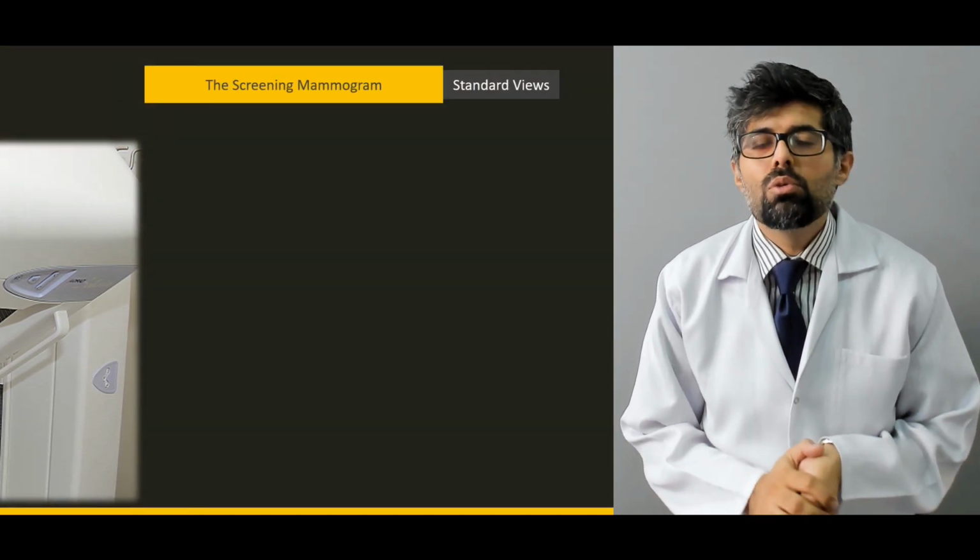Next, we will talk about different projections. As I said, both as a screening tool and as a diagnostic tool, mammograms have projections. Just like chest X-rays had projections like the AP view and the PA view, it has its own projections.